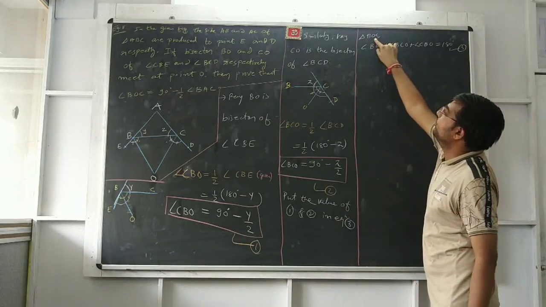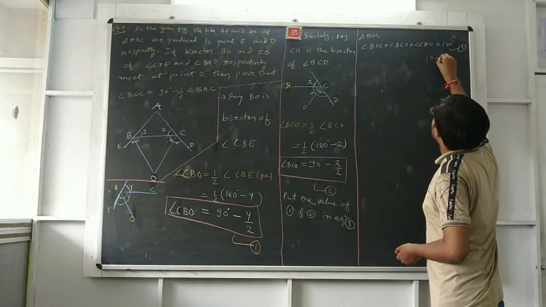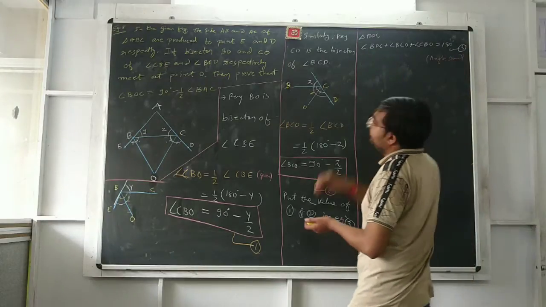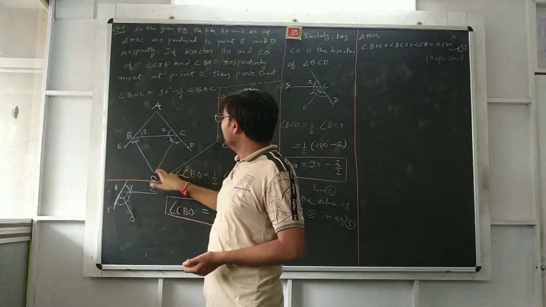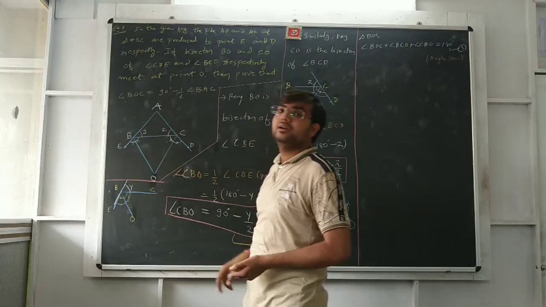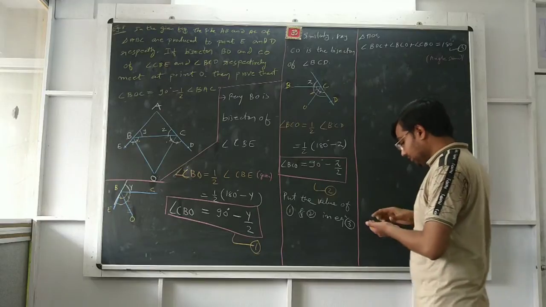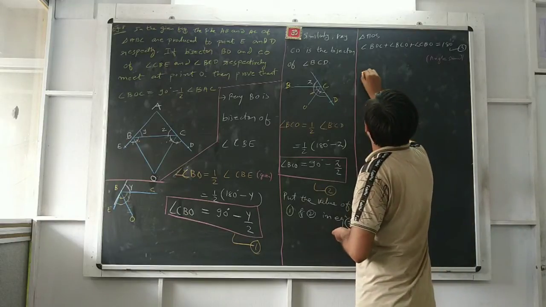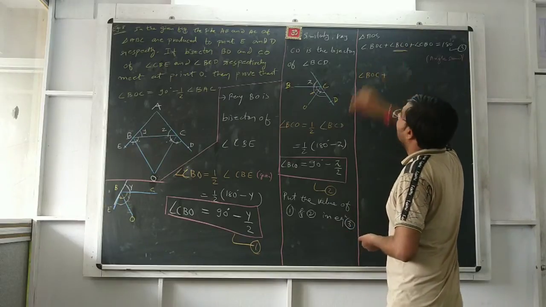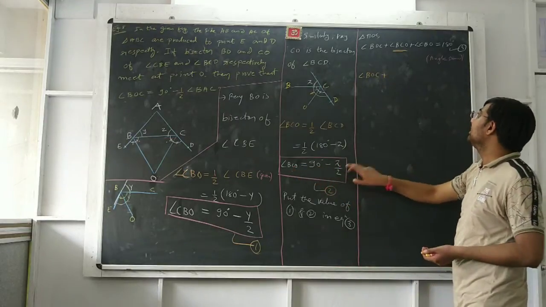We know that in triangle BOC, by the angle sum theorem, we can say that BCO, BOC and CBO sum to a straight angle. So BOC, what is the BOC? Angle BOC as it is, plus BCO. What is the BCO? Here BCO is 90 minus z by 2.